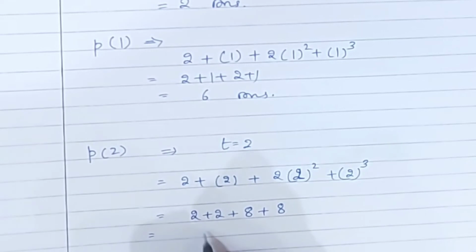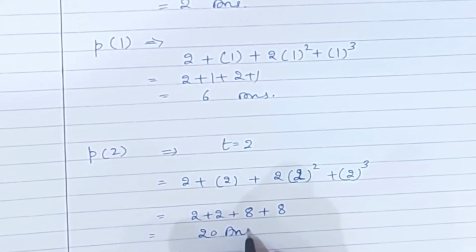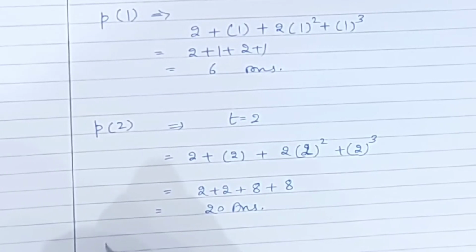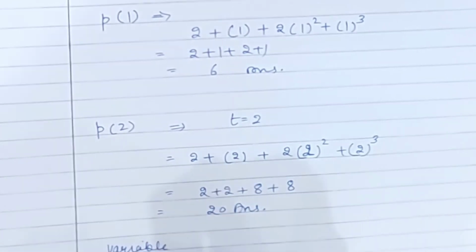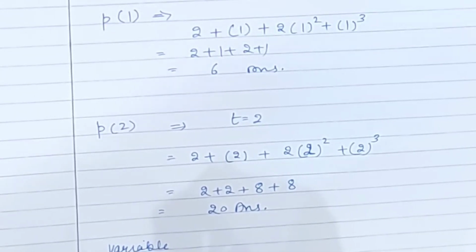Four plus 8, 12 and 20 is the answer. Like this, we can find the value of any polynomial if the value of the variable is given to us. Right, the variable value should be given to find the value of any polynomial.